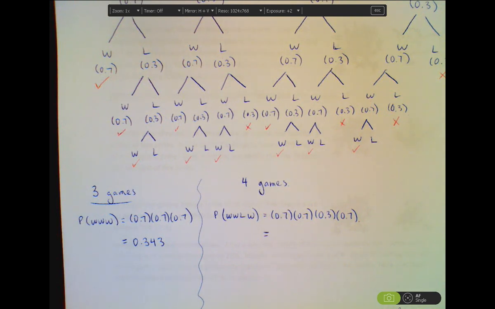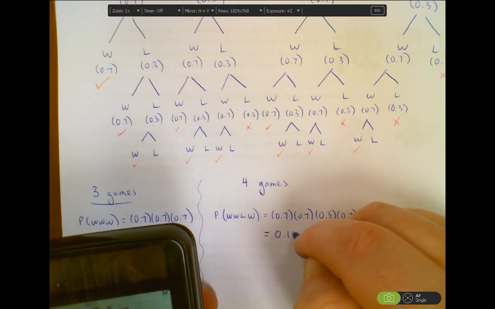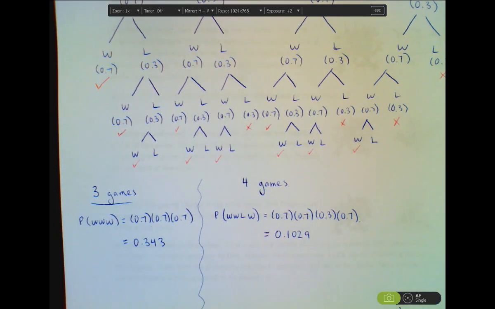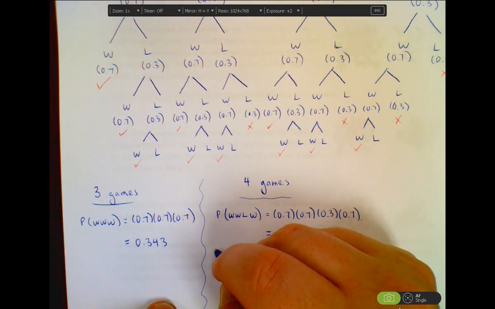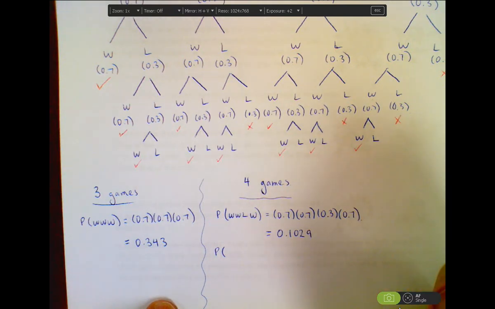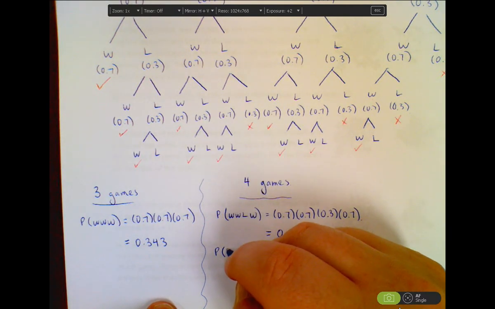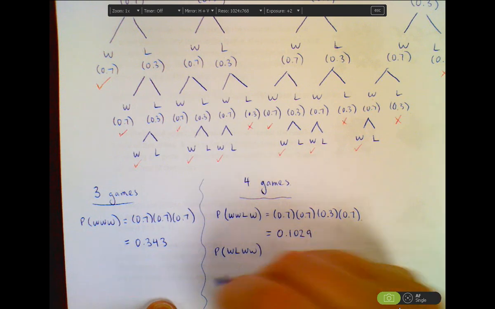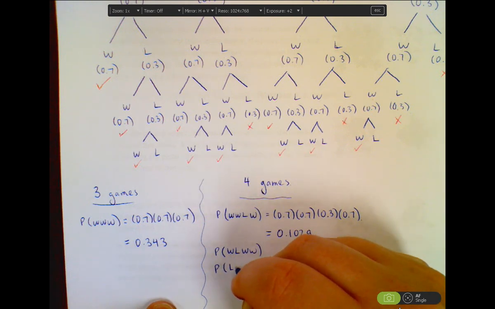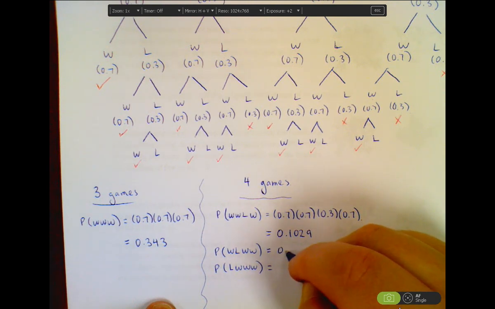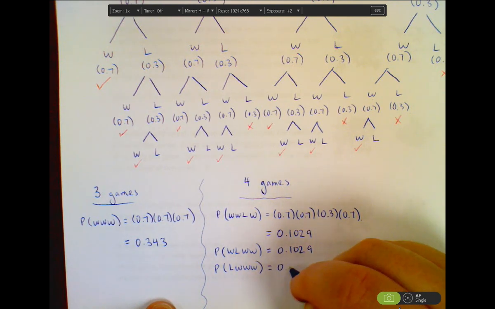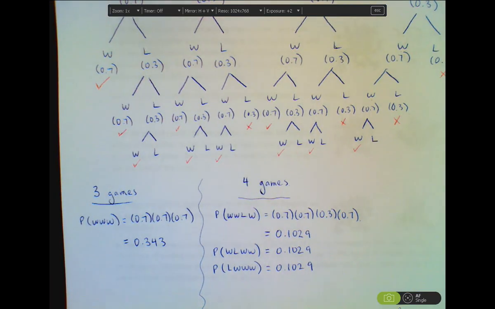So that would be 0.7 times 0.7 times 0.21, 0.1029. And astute observers will recognize that the second option is to lose the second game, and the third option is to lose the first game and win the last 3. It's the same combination of numbers, and it will be the same result. So we don't need to rewrite the math there.